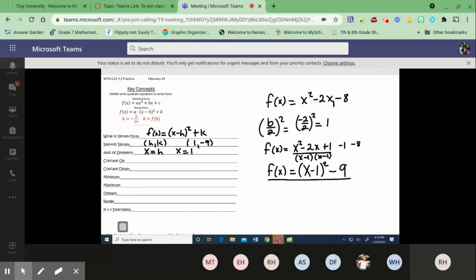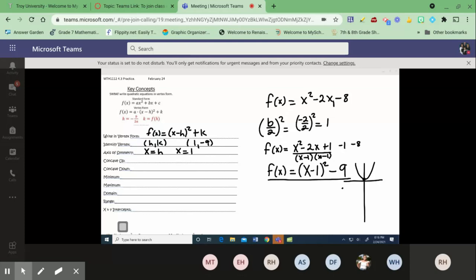If I just looked at this and I said you needed to graph that from 0, 0, where would your vertex go? Because it would start here at y equals x squared. We start right there, right? There's my vertex at 0, 0. This negative 1 is going to shift right 1 and down 9, right?